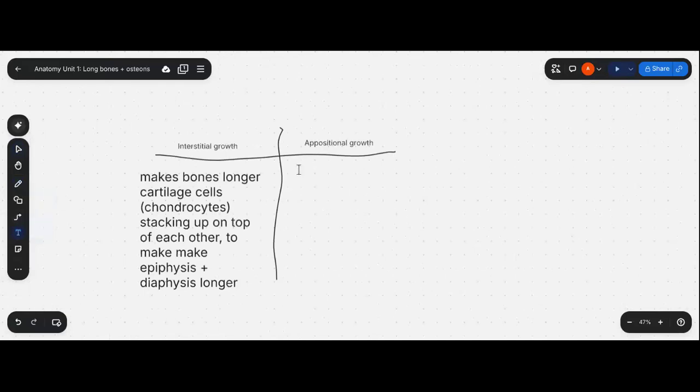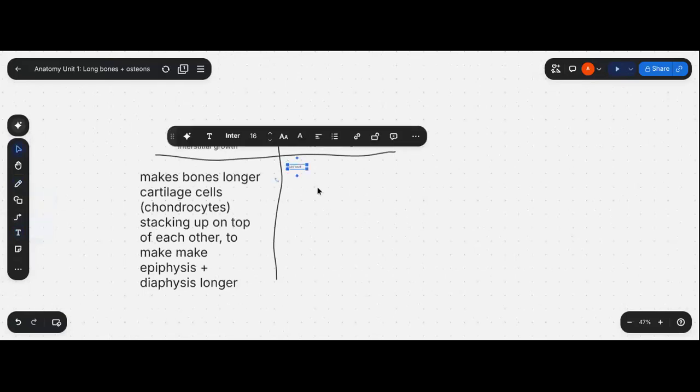Now, the difference is appositional growth. Appositional growth is going to be widening the bones, or growing wider.